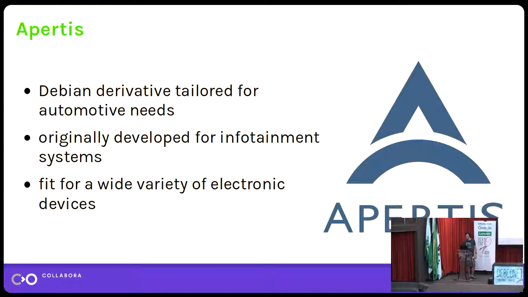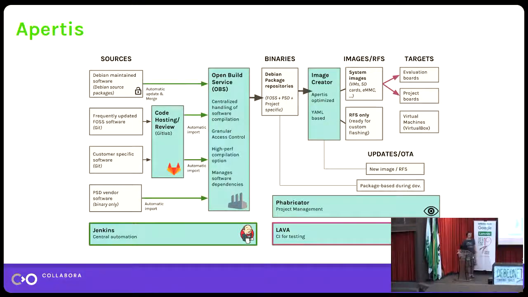And well, Apertis has quite a lot of infrastructure, which is in a way similar to Debian's, but slightly different. So at the core of the infrastructure for Apertis we use the Open Build Service, OBS, developed by openSUSE originally.